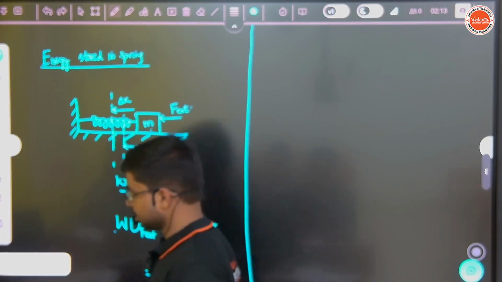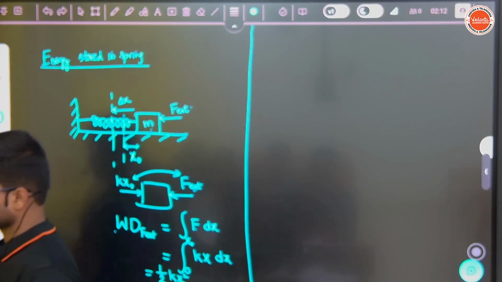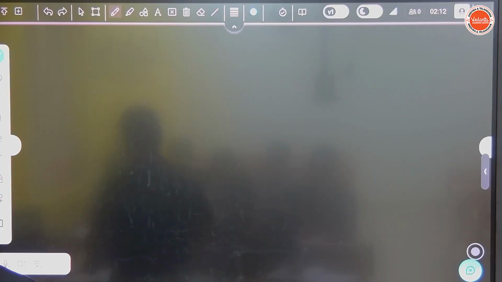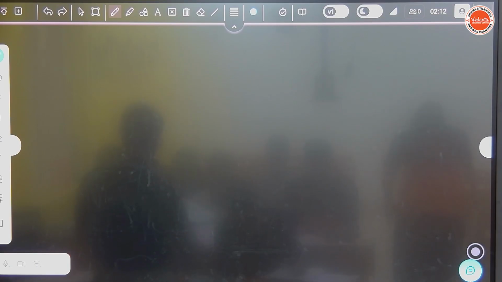Let us take some questions on how to decide whether the force is conservative or not. What is the assignment number? Right, look at assignment number 12.